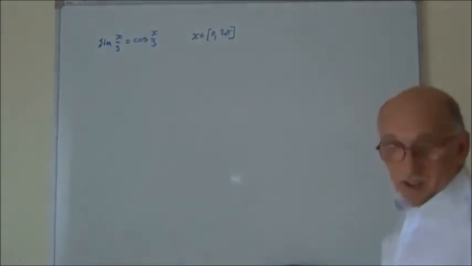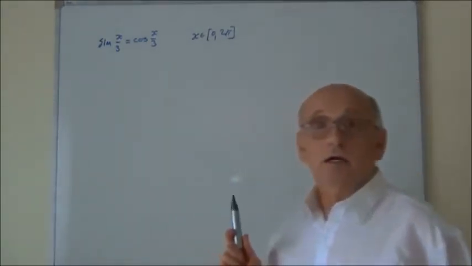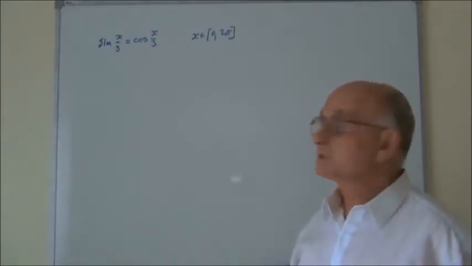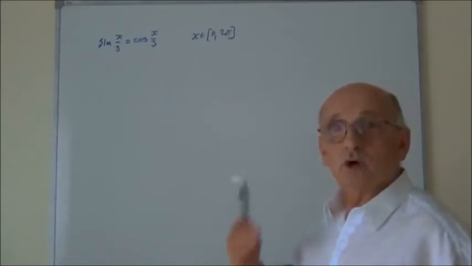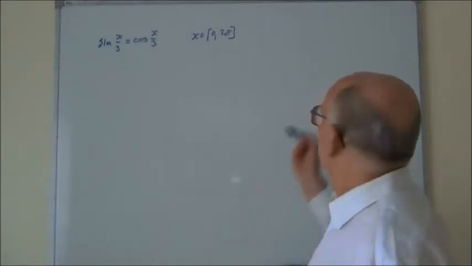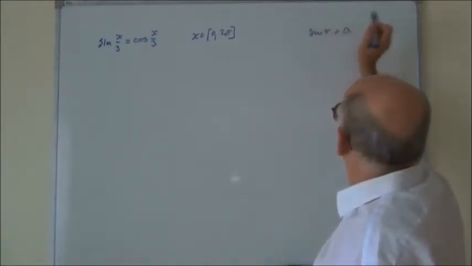So we said right at the beginning, when we started discussing trigonometric equations, that our target is always to come to the simplest possible form for some trigonometric equation, like sine x equals some number a.